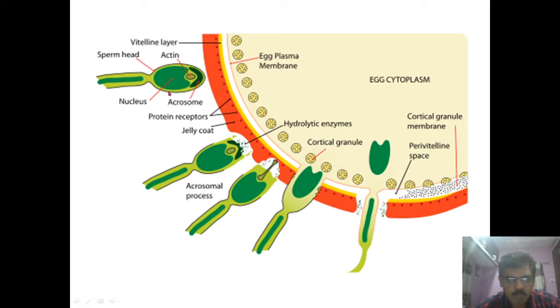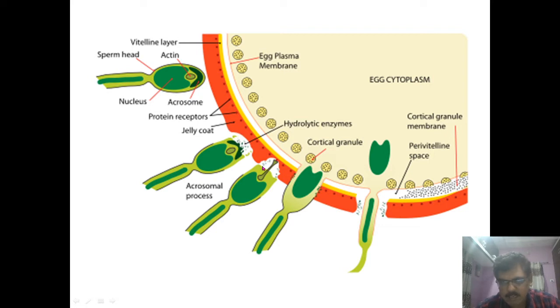The sperm comes near this ovum by chemotactic movement, or chemical attraction, and the acrosomal content is released, and this jelly coat is dissolved by this acrosomal content.